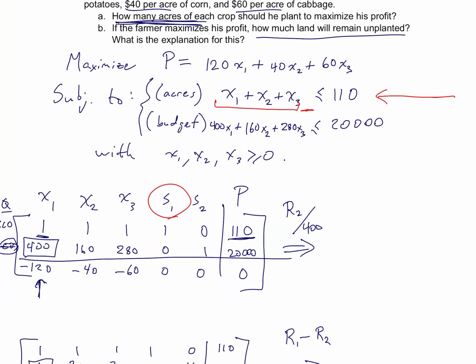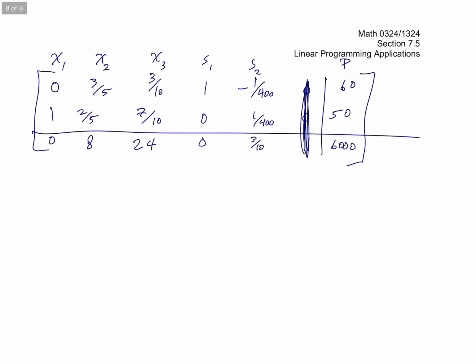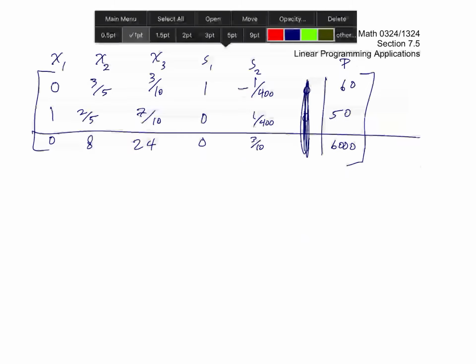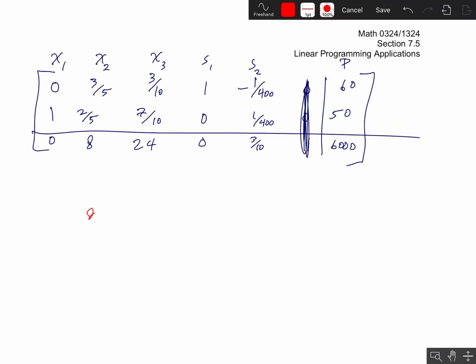Okay, so let's scroll back down here so that we can read the answer. So if we want to read the solution here, then that means we should be eliminating the non-basic columns. So I'll eliminate those 3 non-basic columns. Remember, we never eliminate that last column.